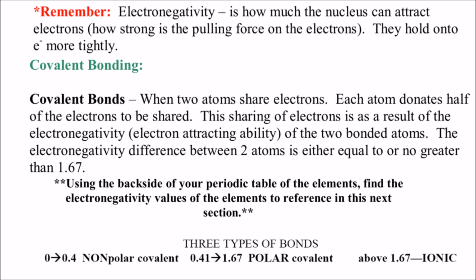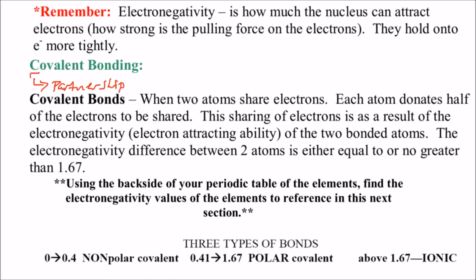So we're going to start talking about the different types of bonding. The first type of bonding we're going to discuss is covalent bonding. Let's break that down. Co usually means like a partnership.